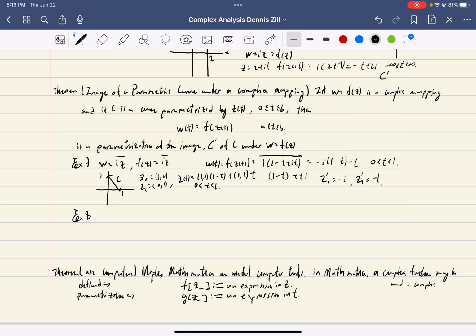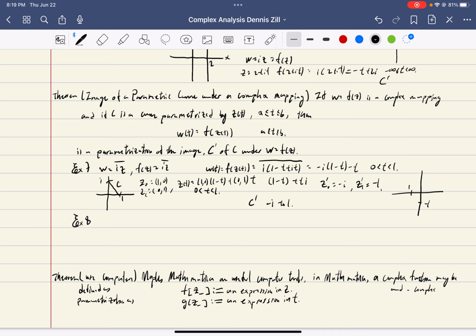Therefore, c prime goes from negative i to 1. So now that is c1, and we want to find c prime. So this is negative i, this is 1, and this is c prime. And recall that this is c1, from 1 to i.